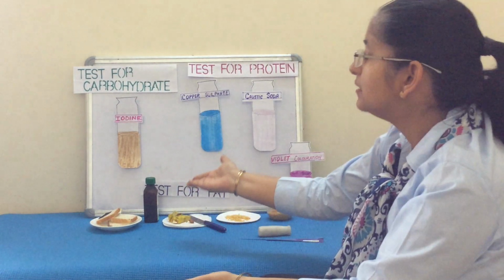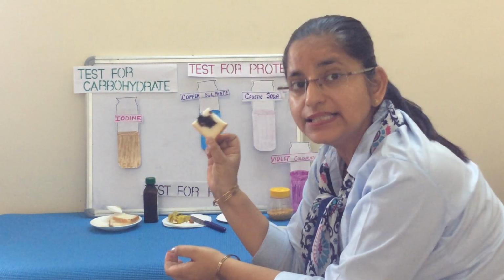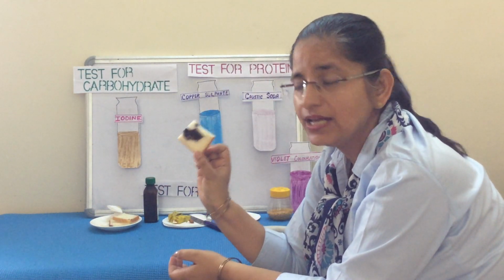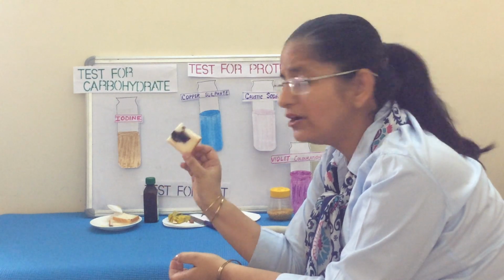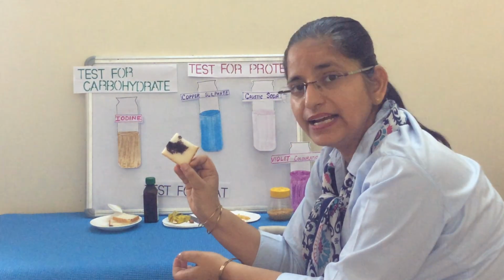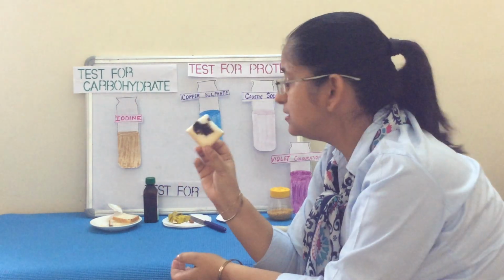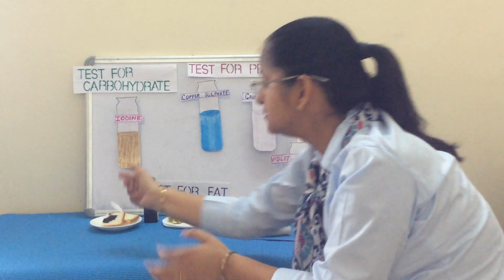And when iodine is added to carbohydrate, what we see? This coloration change, that is from normal color of iodine to this bluish black color. So, this indicates the presence of starch, that is carbohydrate.